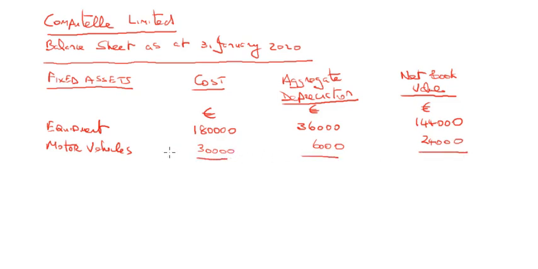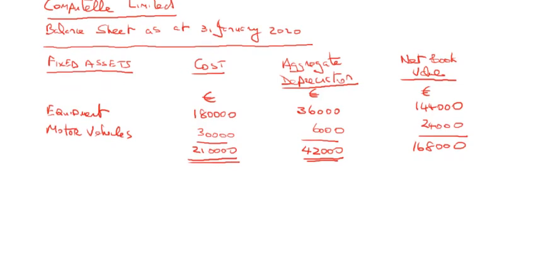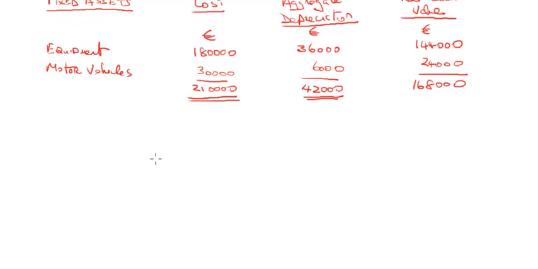Here we get 210, the total cost of all the fixed assets. We don't really need that anymore, so 2 lines underneath it. And here we've got 42,000. Don't really need that anymore. The figure we're interested in is this one, 168. So we won't put any lines underneath that. Something's going to be added on to that or subtracted from it at a later stage.